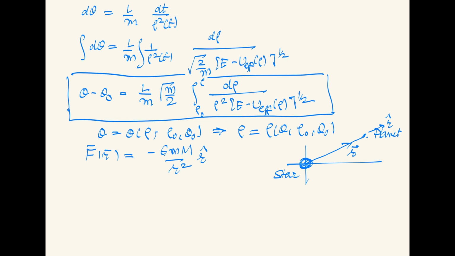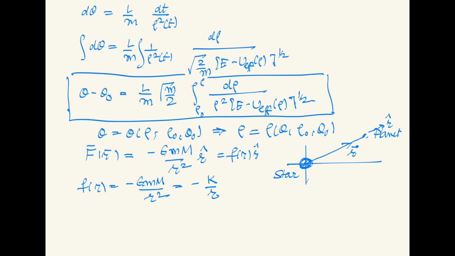Is that right? So that's what we get. And so this can clearly be written as F of R times R hat. And we can see that F of R in this case is minus GMm divided by R squared. So instead of writing out all these factors G, M and m, let me just call this minus K by R squared, where K is a constant.